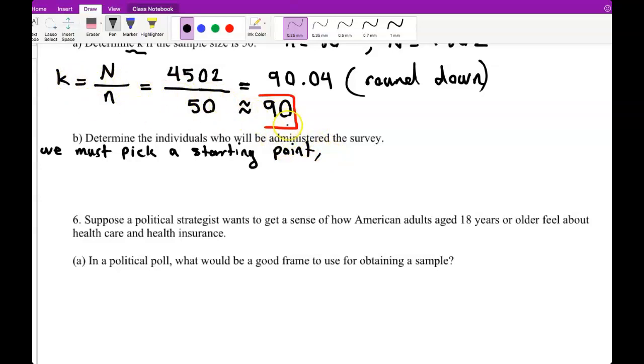So between 1 and 90, I'm choosing 15. So this is our P, the starting point. Then we survey. Okay, starting point at 15.